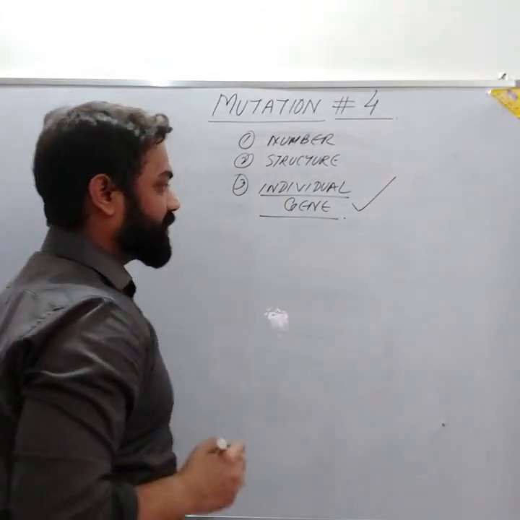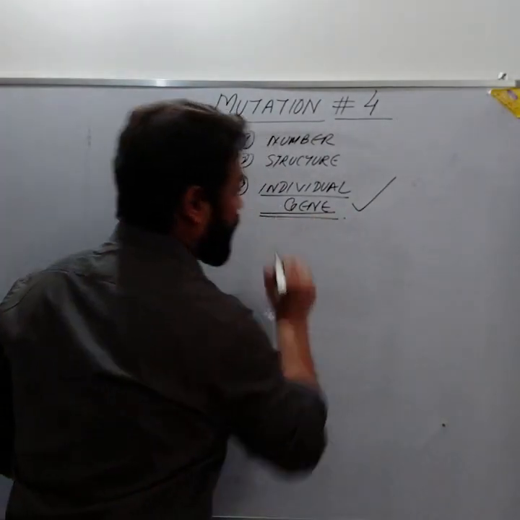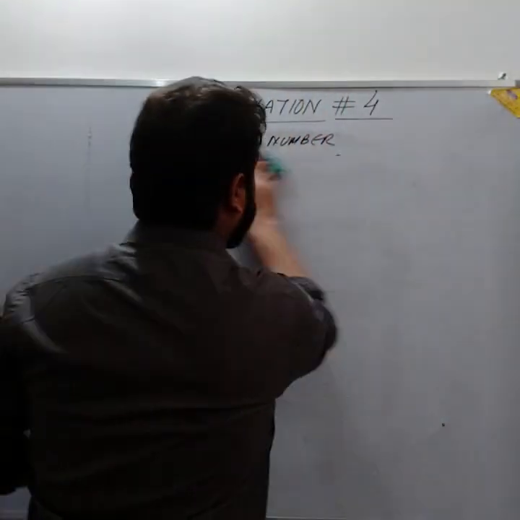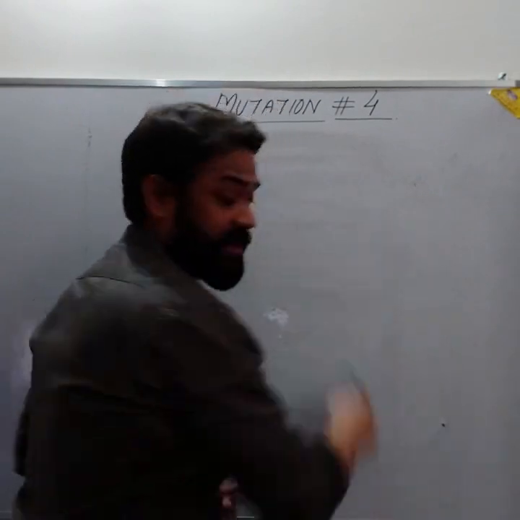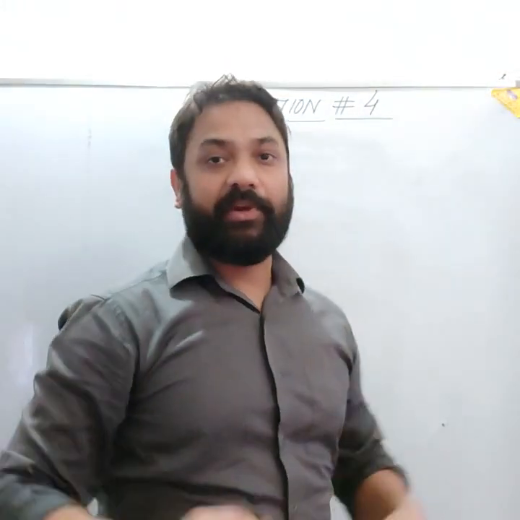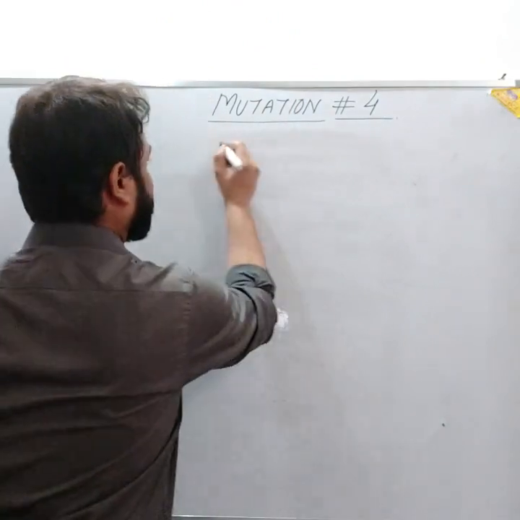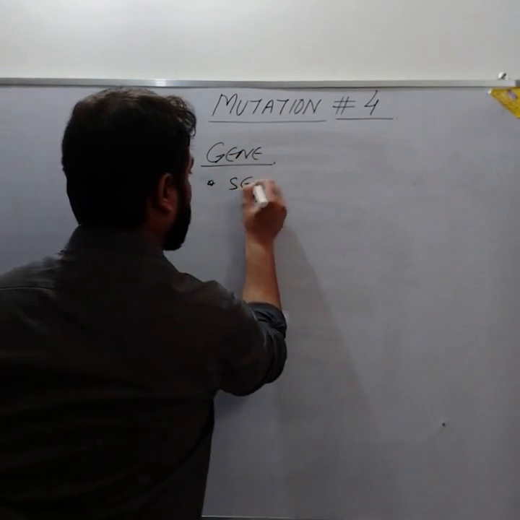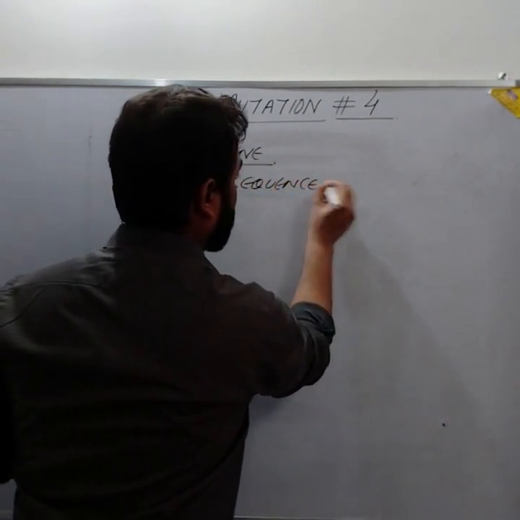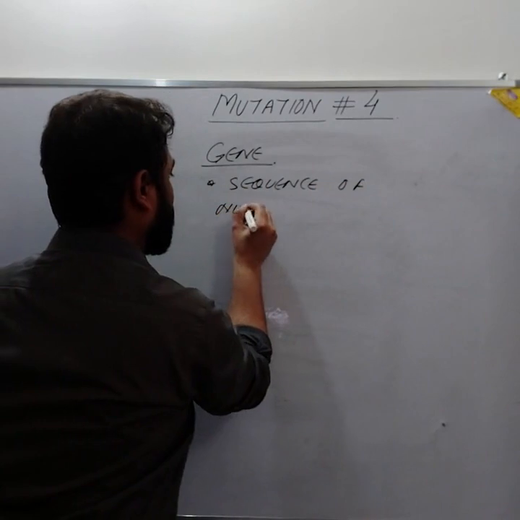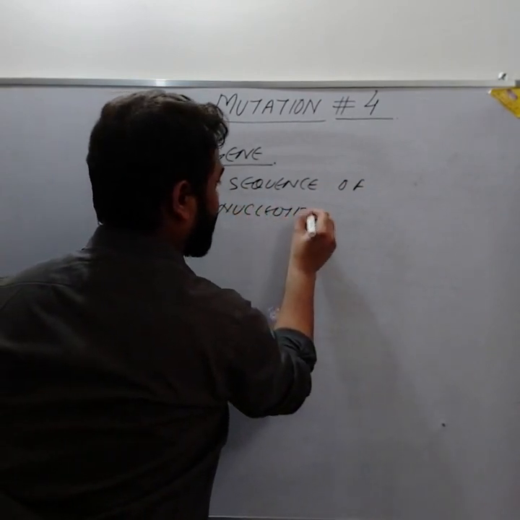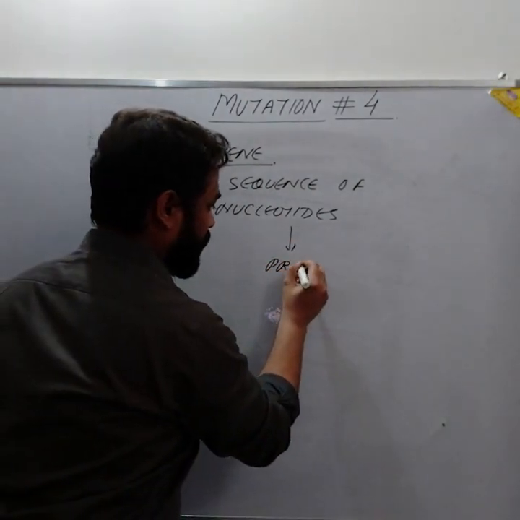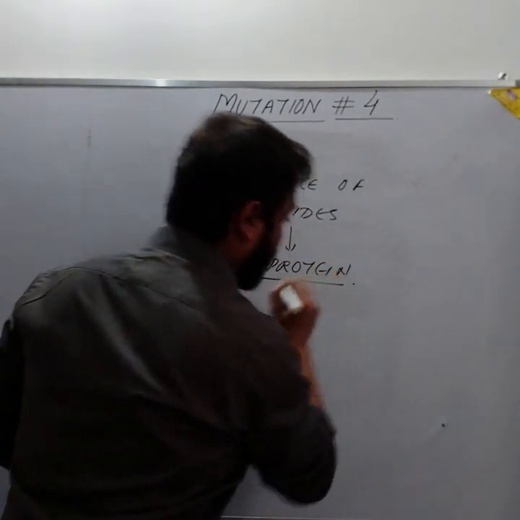First, today we will discuss, in short, what a gene is and how to define a gene. There are a number of definitions of a gene. A gene can be defined as a sequence of nucleotides that code for a protein.